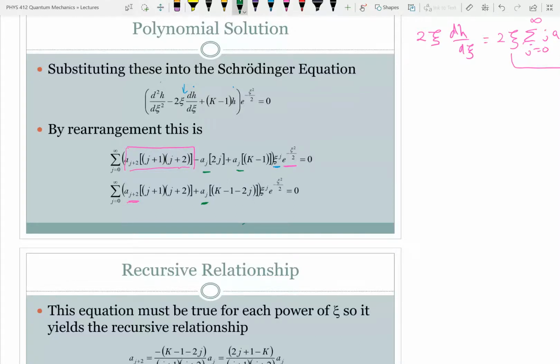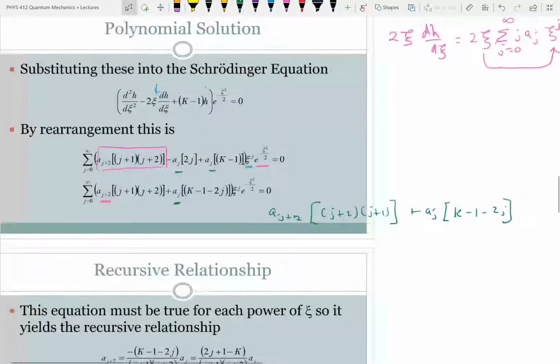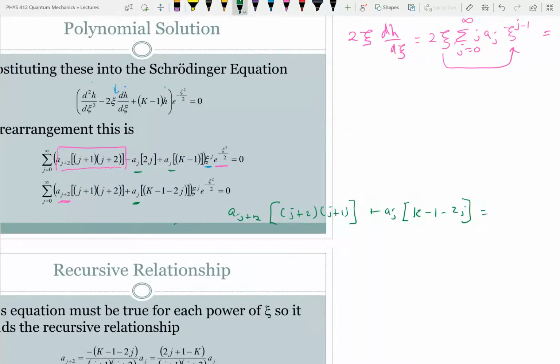So I'm going to have that is going to have to be 0 for each level of c raised to the j.